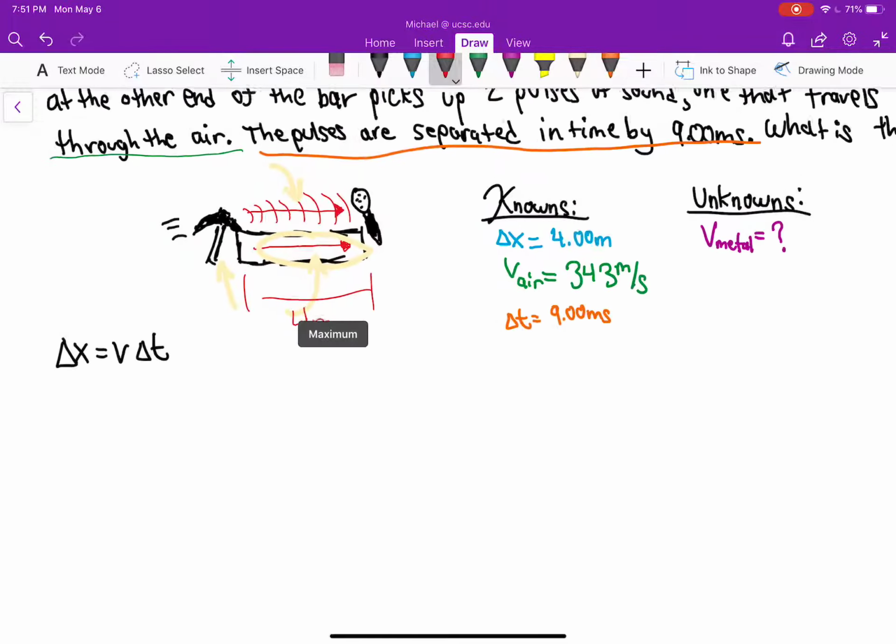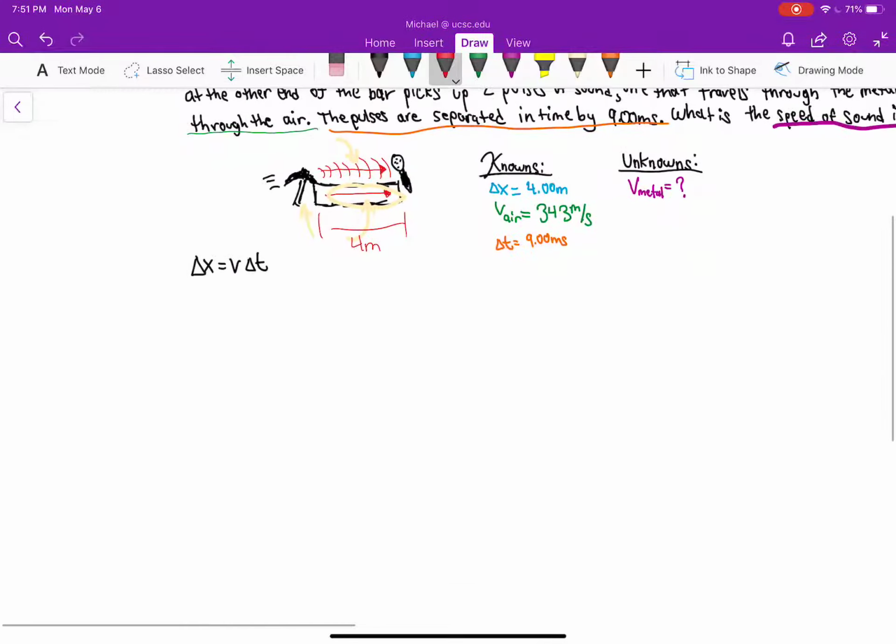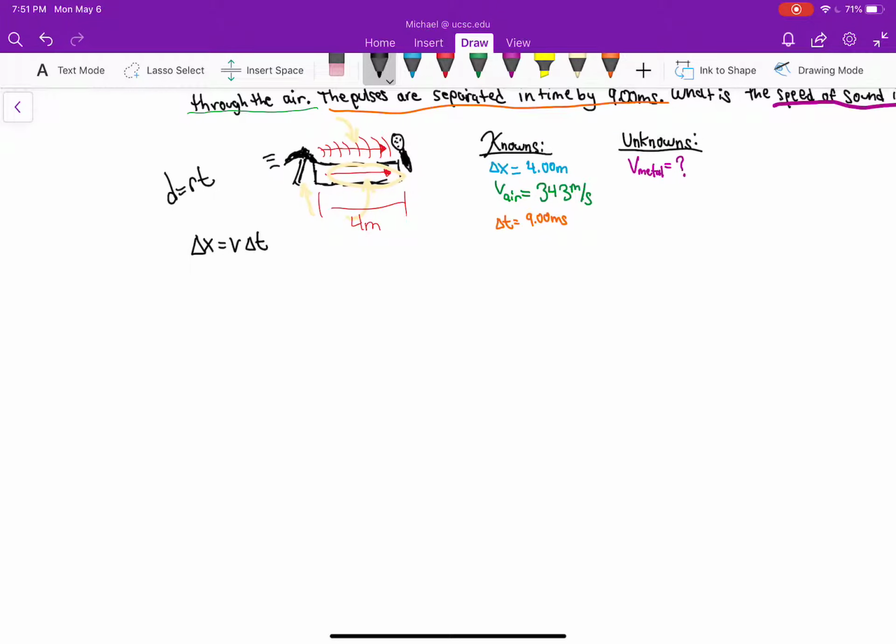So basically, this equation over here on the left is going to be our best friend. It's a derivative of the equation distance equals rate times time, except here we have the distance of the bar equals the speed of sound through some medium times the amount of time it takes to reach the x length.